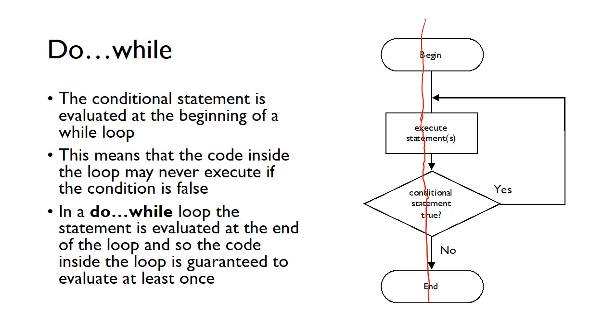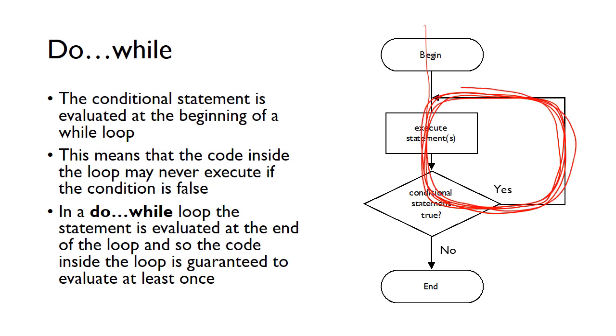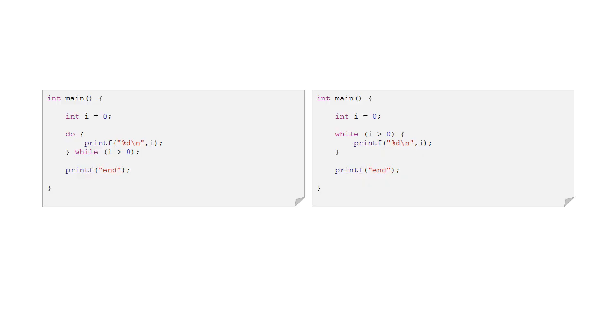So we've still executed this once. But if that's true, we'll keep executing it multiple times until it's false. Then we'll drop out. We'll look at the differences here. This is how you implement a do while loop in C++.